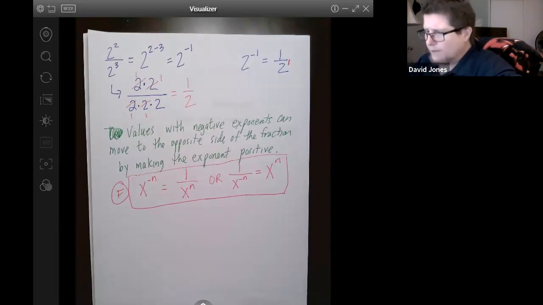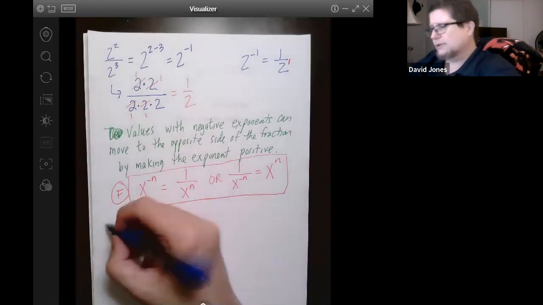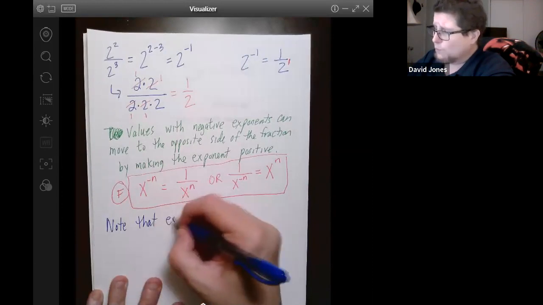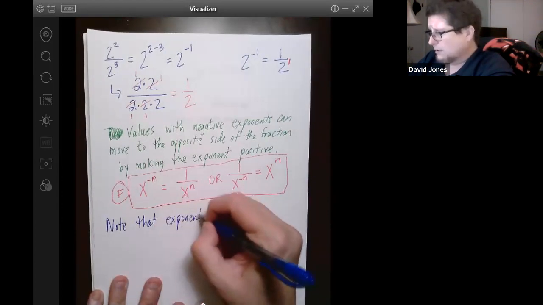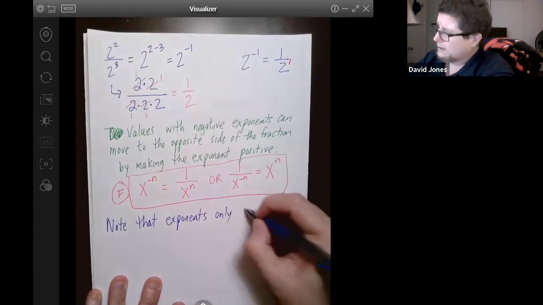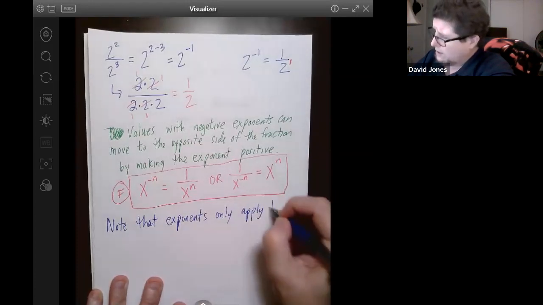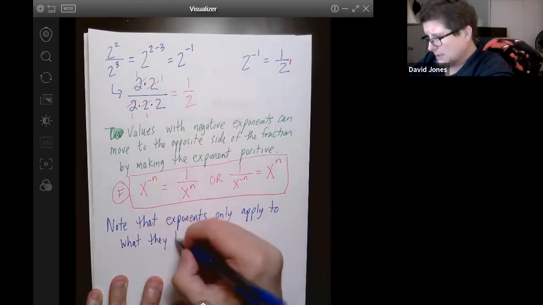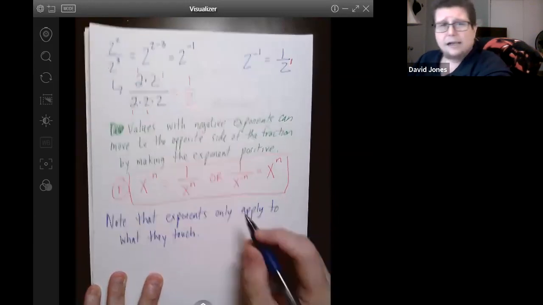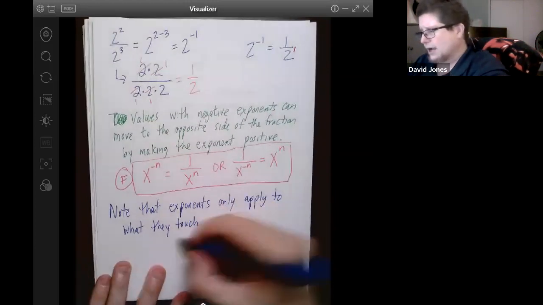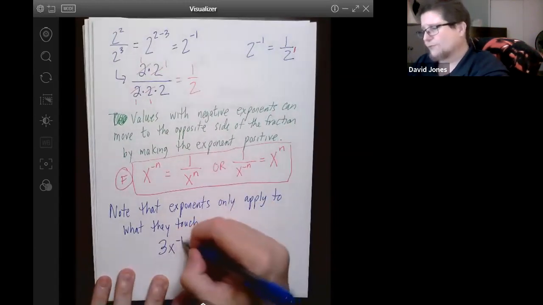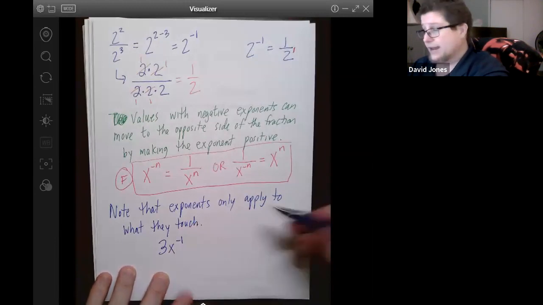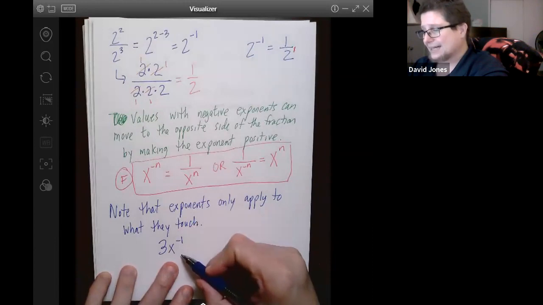I do want to make a note. I want you to note that exponents only apply to what they're touching. If I have 3x to the negative 1, the negative 1 is only on the x.